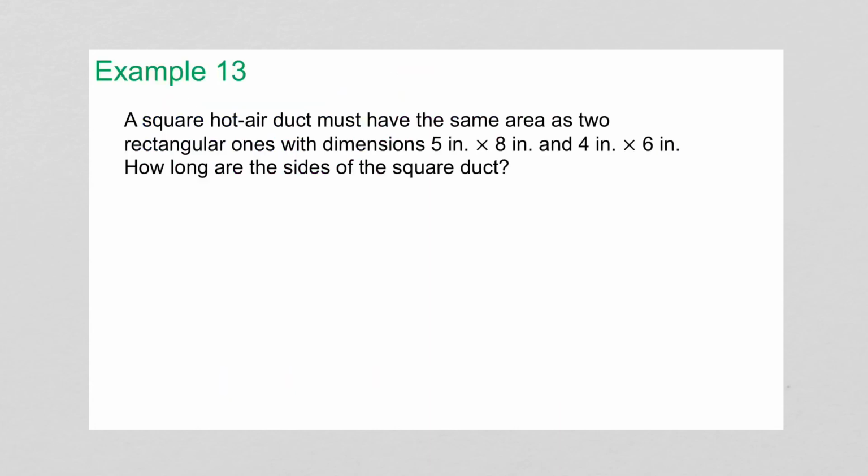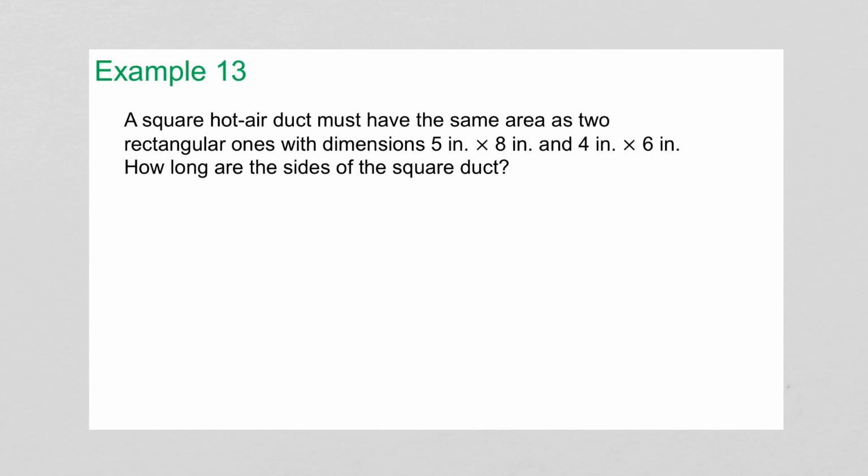Last example says a square hot air duct must have the same area as 2 rectangular ones with dimensions 5 inches by 8 inches and 4 inches by 6 inches. This sounds very familiar.